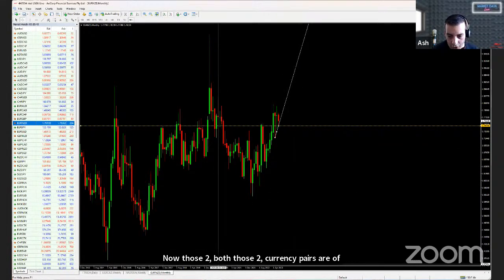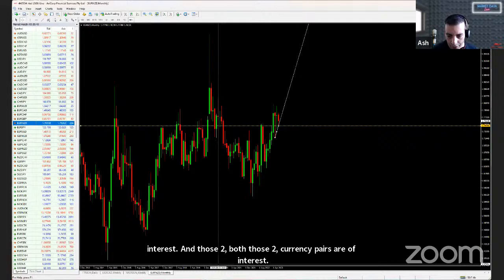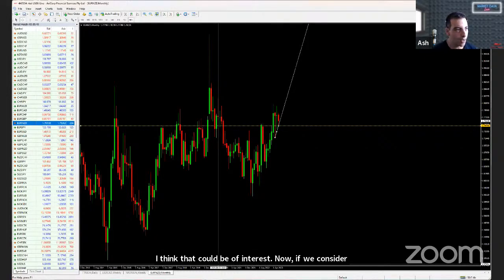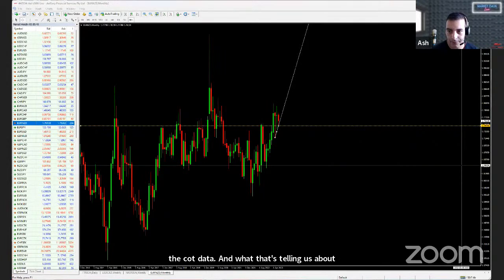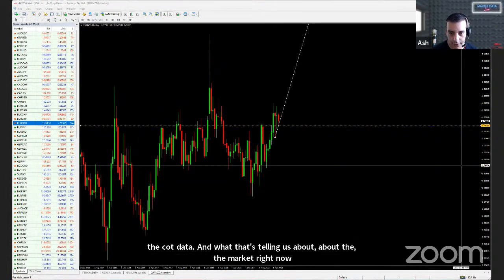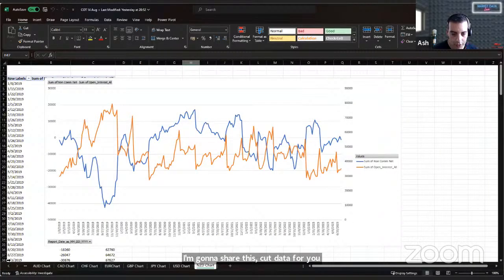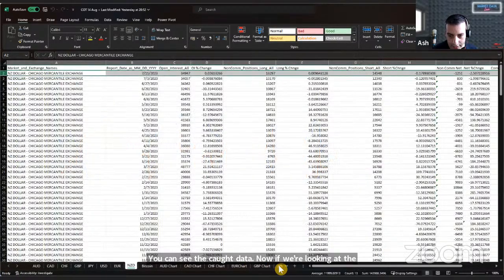Now, if we consider the COT data, and what that's telling us about the market right now, I'm going to share this COT data for you. If we're looking at the Kiwi yen short, the COT data. Let me bring up the chart.